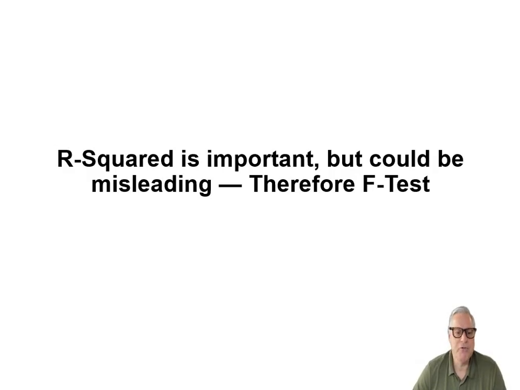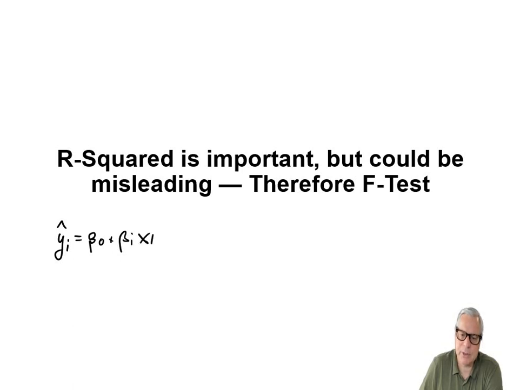And of course, so far we have only looked at the bivariate regression. In other words, so far we only looked at a regression where we had y predicted by an intercept beta 0 and then a beta 1, and then we had a variable x1, and that's it.